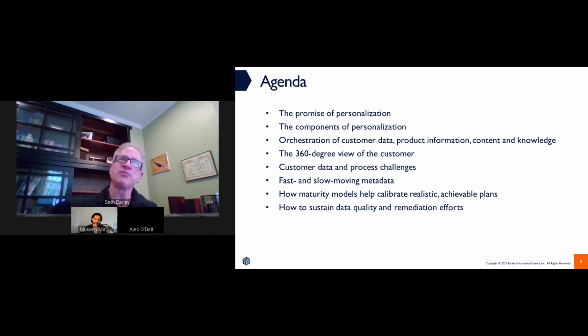And then thinking about the orchestration of customer data, of product information, of content, of knowledge and insights from across the organization, merchandisers who understand the product, customer specialists who understand the needs of those customers, marketing people, engineering people who understand exactly what a particular customer needs and when they need it. All of that needs to be brought together and systematized and integrated into the fabric of your technology ecosystem. We'll talk about ways to do that.